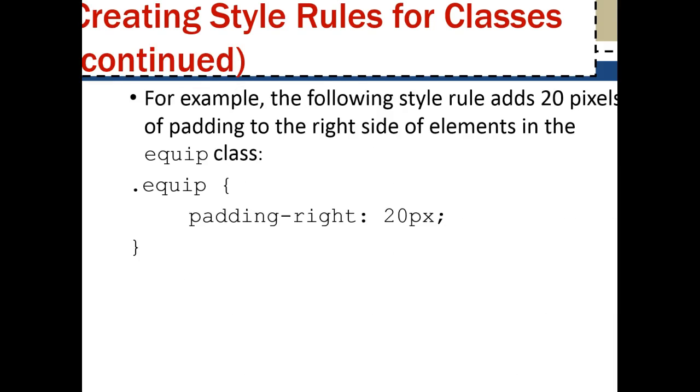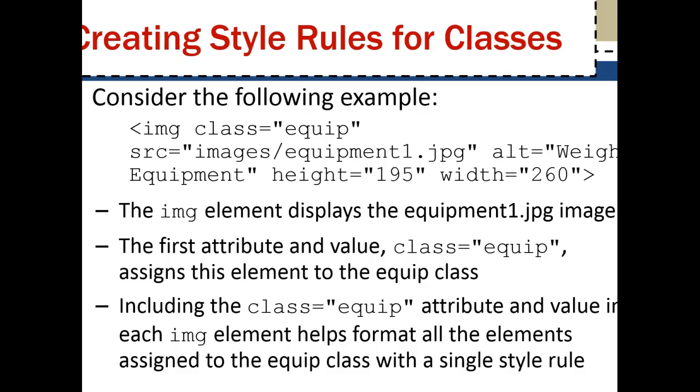Okay, the next thing that we are going to talk about is creating a style rule for classes. We have learned that we can create a class attribute for the img element, specifying the image to display on the About Us page from last chapter.